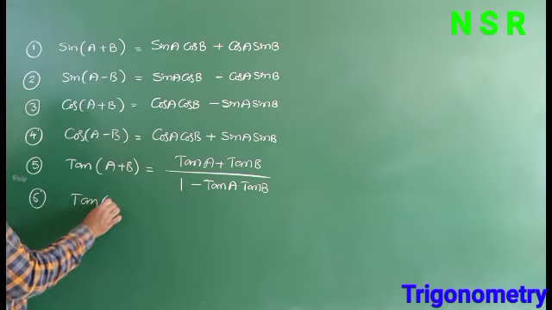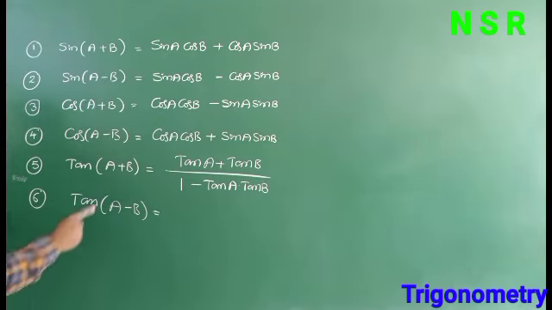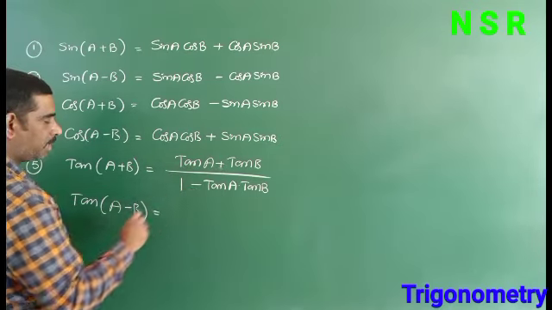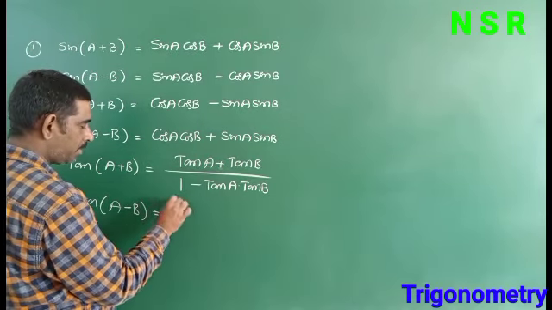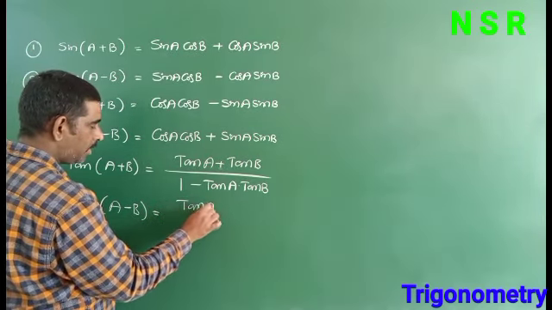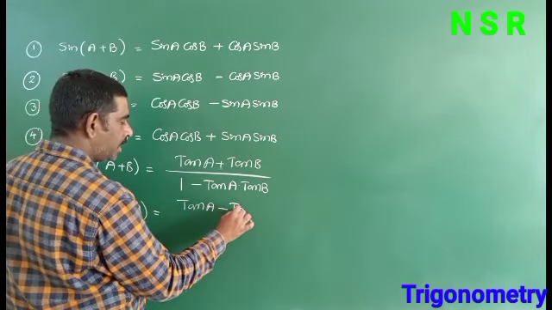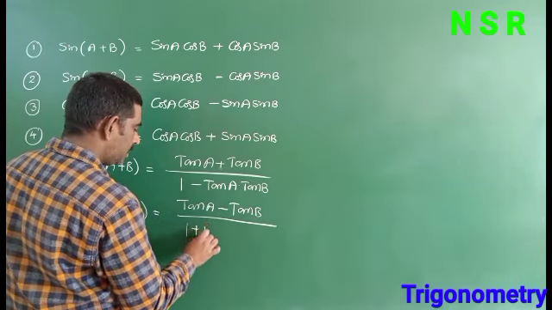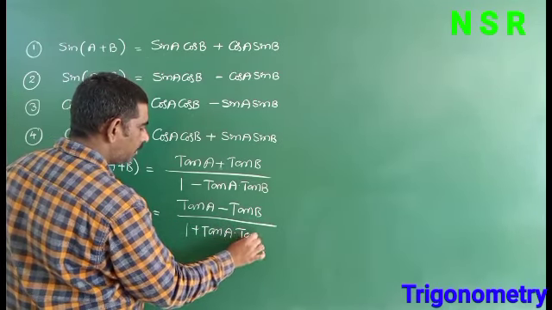Next, tan of a minus b. In tan a plus b the numerator has plus and the denominator has minus. Now here we get numerator minus and denominator plus. That is, tan a minus b is equal to tan a minus tan b by 1 plus tan a into tan b.